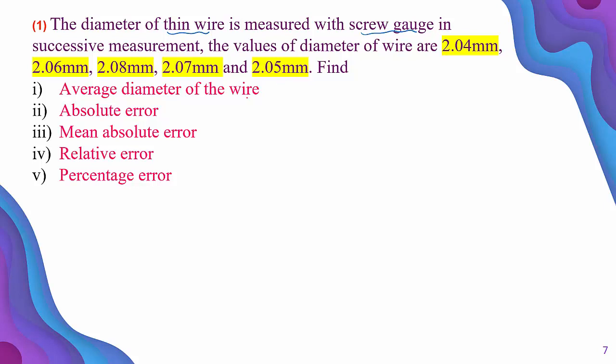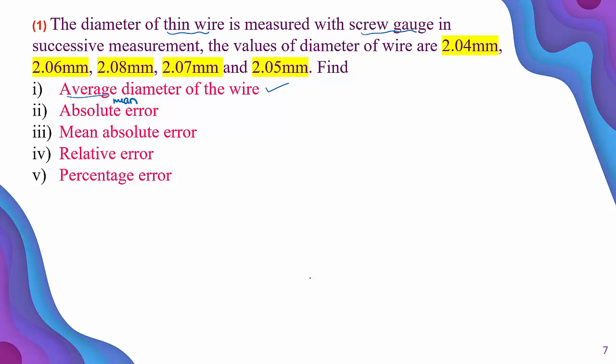Now we have to find average diameter of the wire, absolute error, mean absolute error, relative error and percentage error. So first we have to find the average diameter of the wire. Average means mean value, both are same. Average means mean diameter of the wire. First, we have to find mean value.